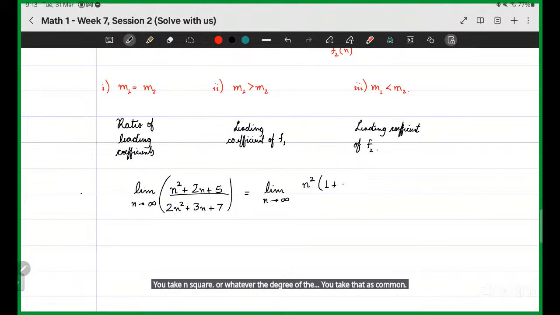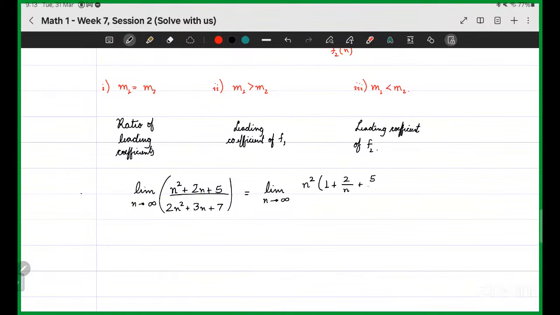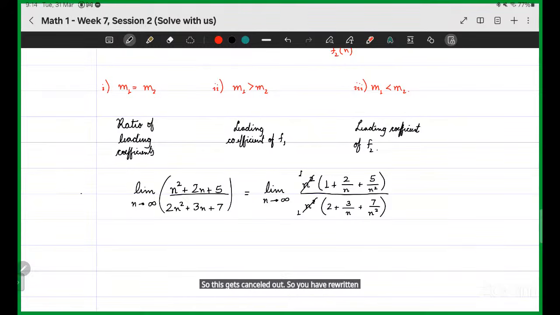What you get is this. And the same thing you do for the denominator. So this gets cancelled out. So you have rewritten the ratio of polynomials as a polynomial in 1 by n in some sense.